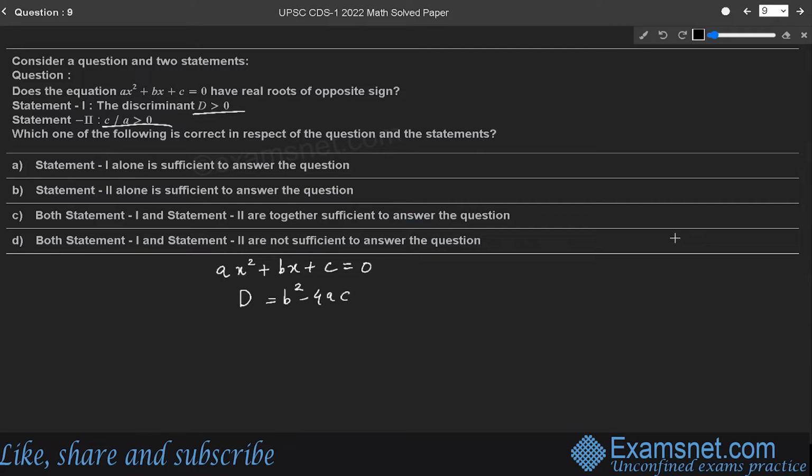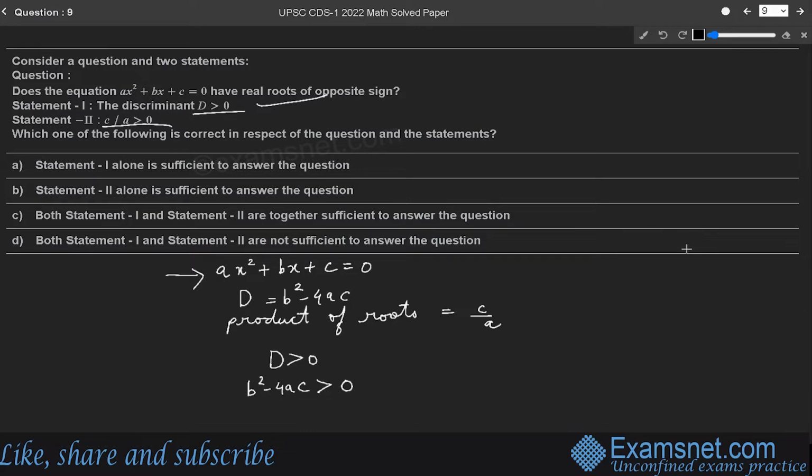And according to this equation, the product of roots will be equal to c upon a. And we know that ax square plus bx plus c is equal to 0 is the given equation. And the first statement says that D is greater than 0. It means that b square minus 4ac is also greater than 0.